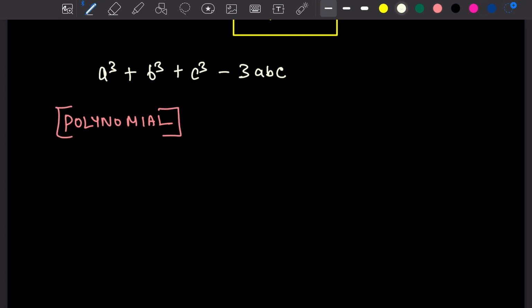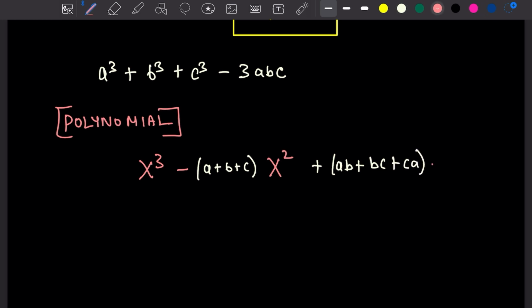We have x cube minus (a plus b plus c) times x square plus (ab plus bc plus ca) times x minus abc. This is my polynomial p of x.